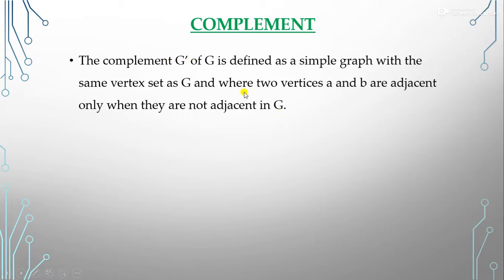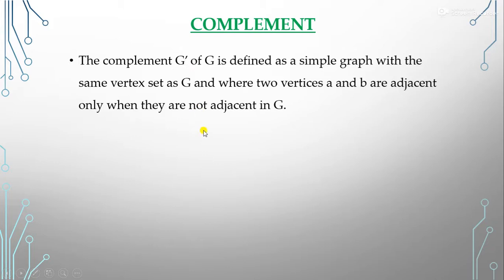Two vertices A and B are adjacent only when they are not adjacent in G. So what does it mean? It means that we have to take the edges which are not connected in G, and connect those vertices in our G dash.